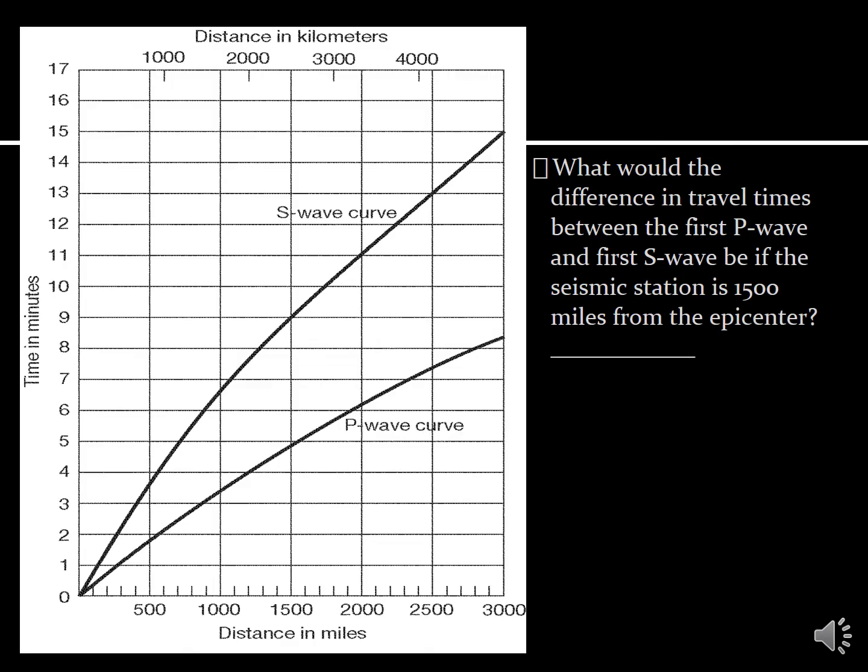So what would the difference in travel times be between the first P wave and the S wave at 1500? So here's 1500. So between S and P. So here's S and P. Right? So we have to figure out what's the time difference in between. Well, if every block is a minute, so 1, 2, 3, 4. The difference in that will be about 4 minutes.